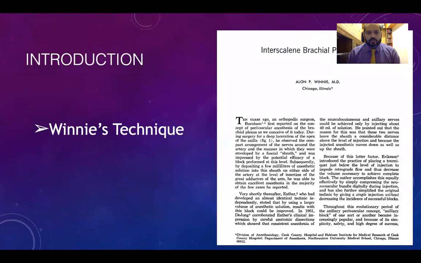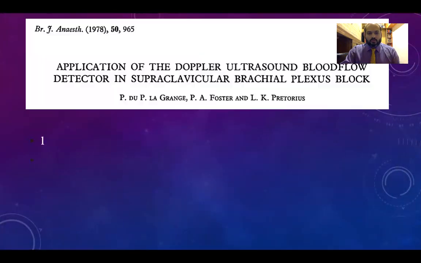So this is the famous article published in 1970 by Vinay, where he described the interscalene block. In 1978, Lagrange et al. published in the British Journal of Anesthesia the application of the Doppler ultrasound blood flow detector in supraclavicular brachial plexus block. And this actually started the journey of ultrasound guided regional anesthesia.